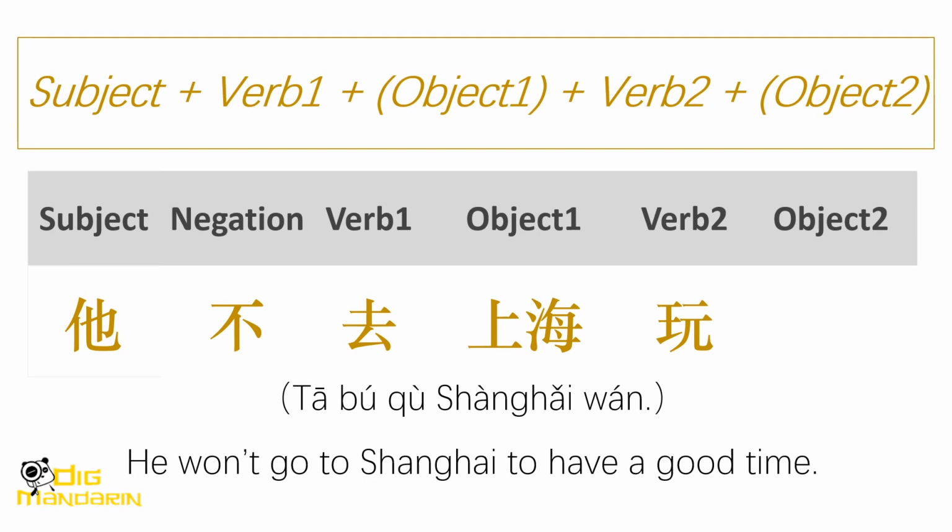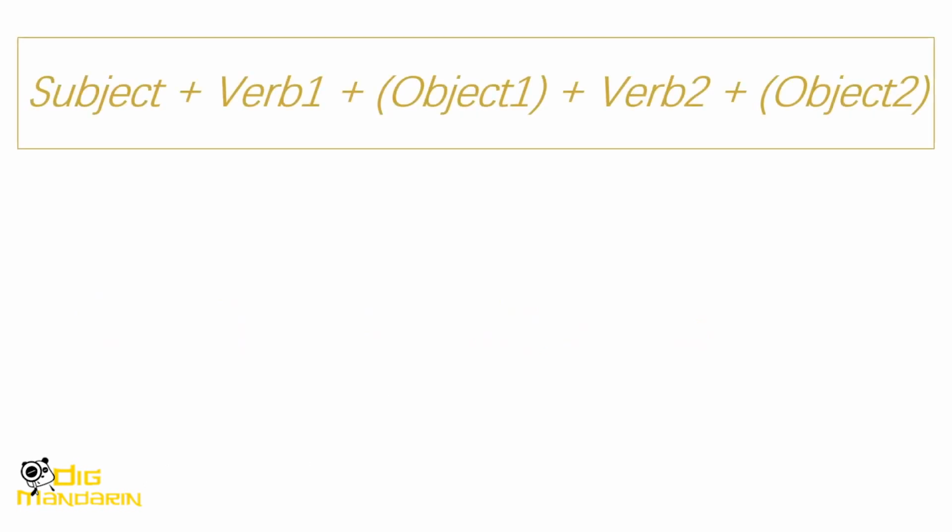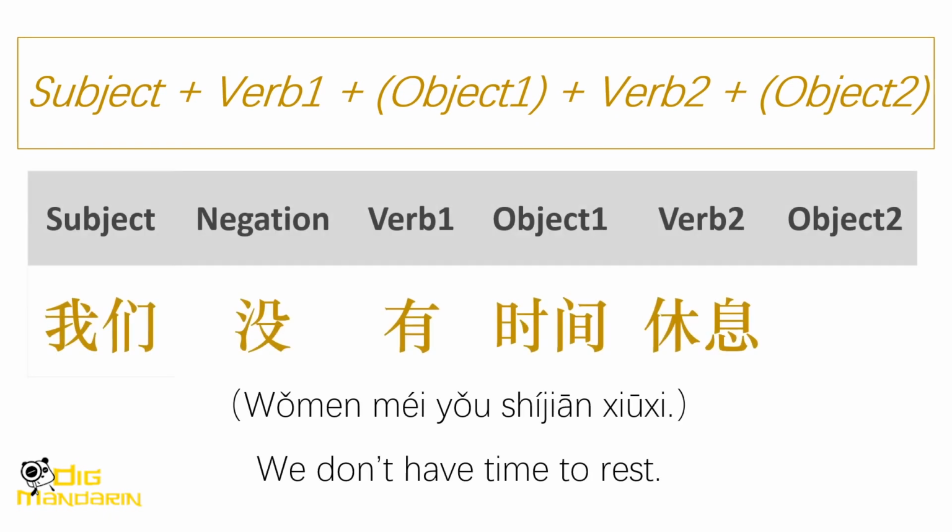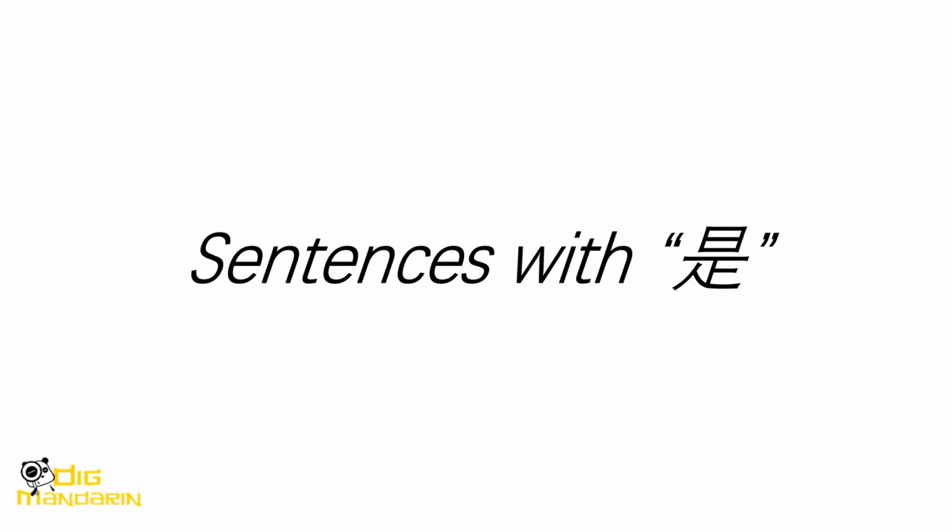Example 5. 我们没有时间休息。We don't have time to rest. Okay, that's all the examples we provide.